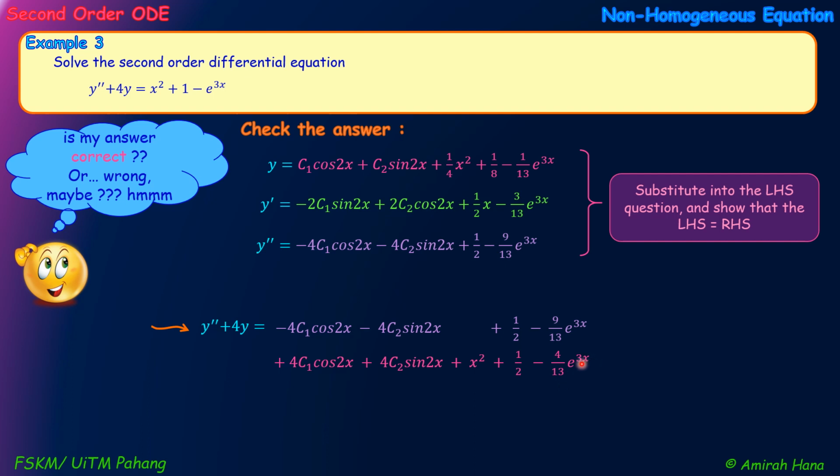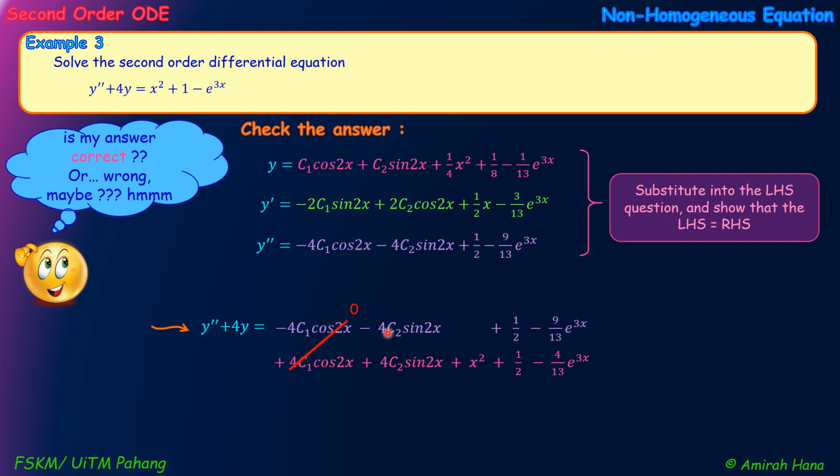Okay. Then we simplify. We arrange based on the same coefficient so that it's easy to simplify. So now the first term, we have the term containing c1 cos 2x. So we can simplify negative 4 and plus 4 here. Okay. So it becomes 0. And then from the second term, we have the term containing c2 sin 2x.